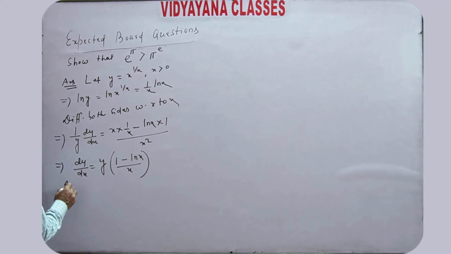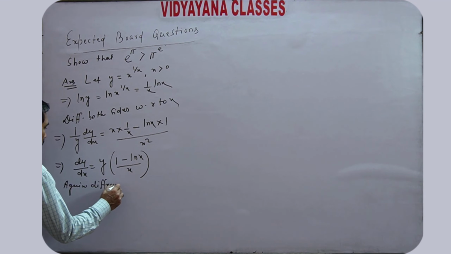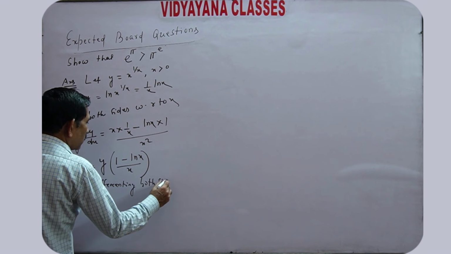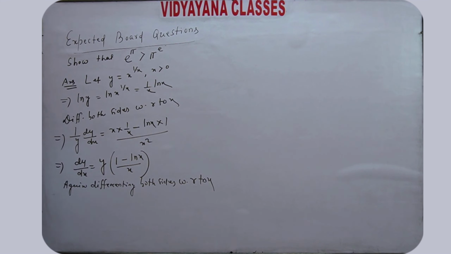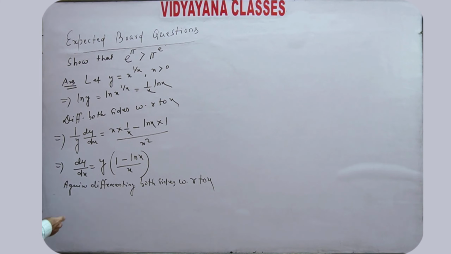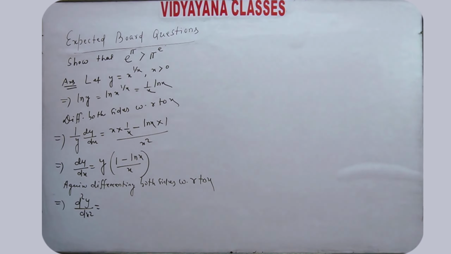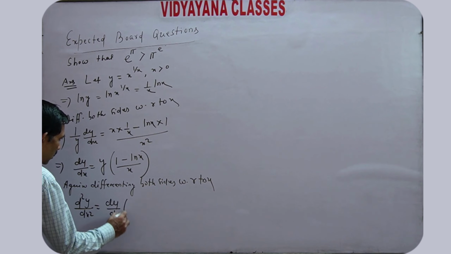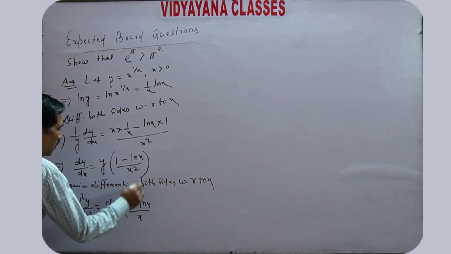Again, differentiating both sides with respect to x, which implies d square y divided by dx square is equal to dy by dx into (1 minus ln x) divided by x square.